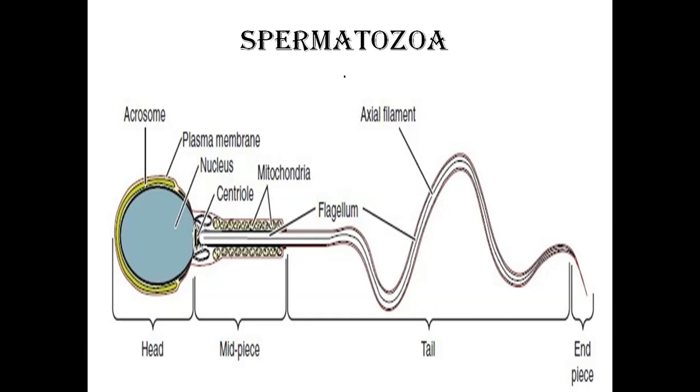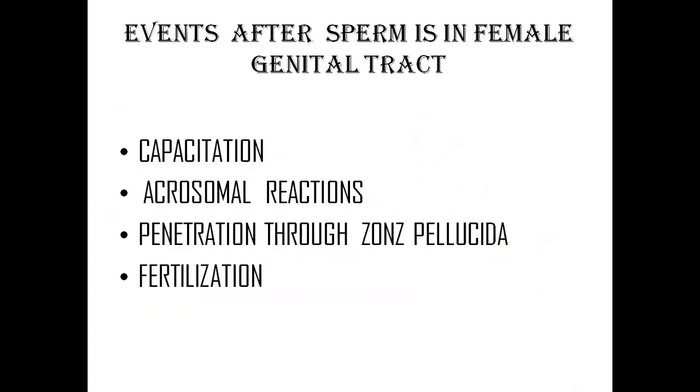The whip-like flagellar movement is due to the sliding movement of the microtubules. So this is the typical spermatozoa or the sperm.